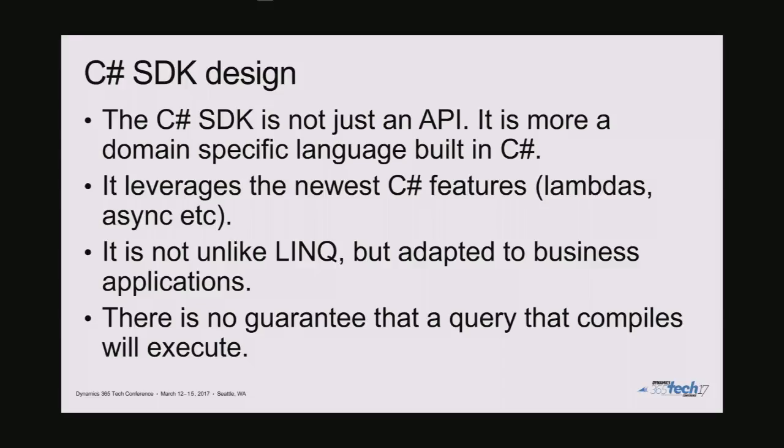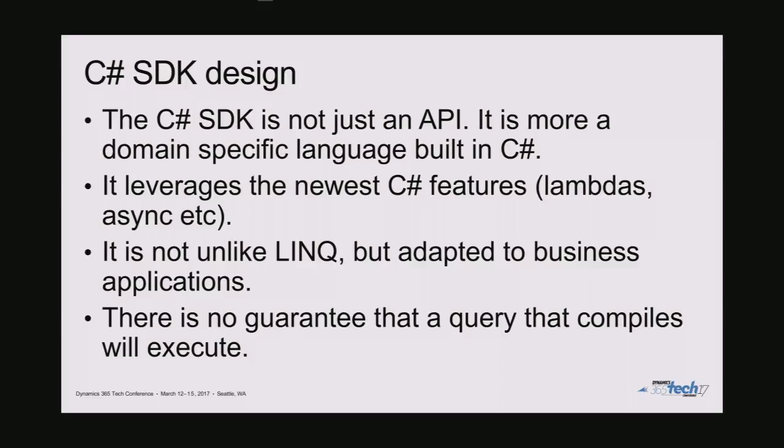So let me spend a few minutes talking about the design of the C# SDK. There were several choices we could have made. We could have made this an API. We could have said, oh, we have this class here, and this is the way you use it, and so on. We chose not to do that. It's not just an API. Really what it is is a domain-specific language that's built within C# itself.